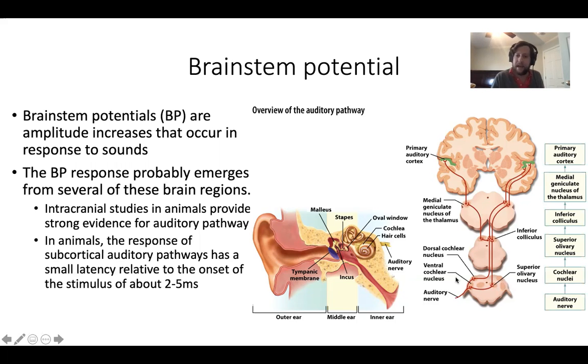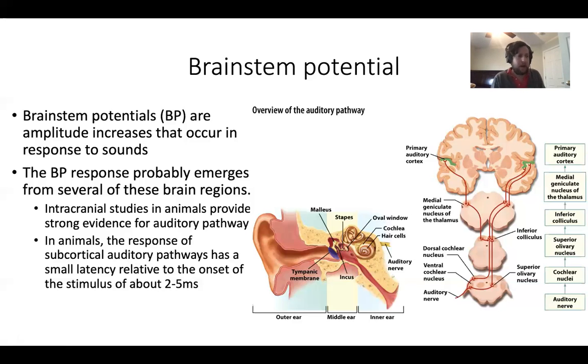But the information from out in your ear does not reach the auditory pathway instantaneously. There's a little bit of latency, 2 to 5 milliseconds. It might actually be as big as 2 to 10 milliseconds. The information hits your ear, and then it's being processed in the brainstem 2 to 5, maybe 2 to 10 milliseconds later.